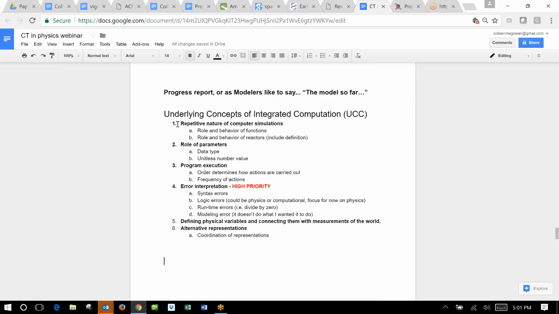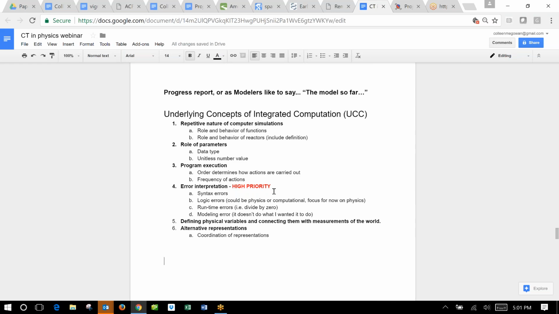Understanding the repetitive nature of simulations, the role of parameters and data types, program execution, and then this was huge for all of the teachers all the time. We have our monthly check-ins with them, and every single time we spend most of the time talking about errors and how students deal with errors and how they have evolved ways of thinking about approaches to handling error interpretation.